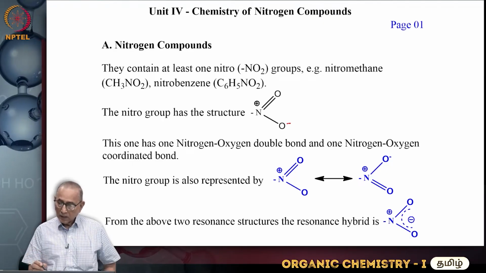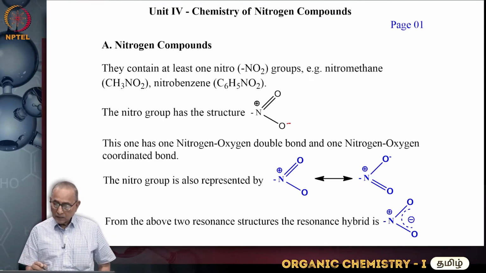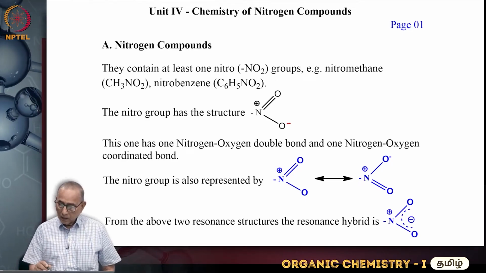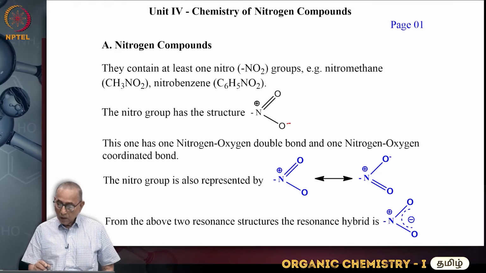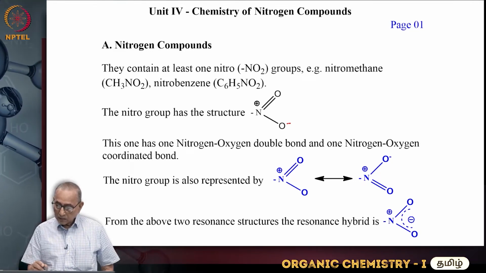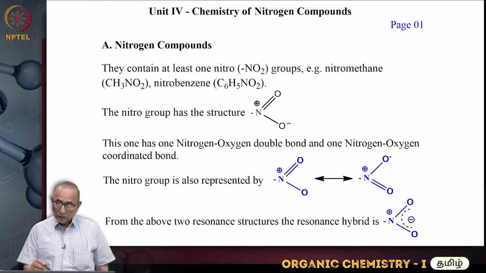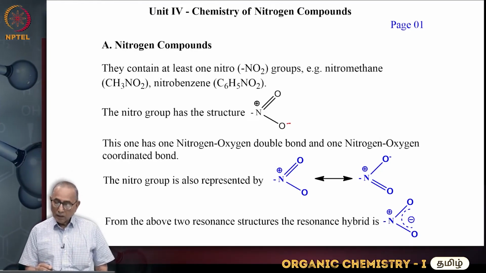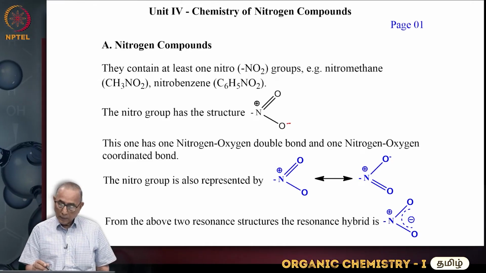That oxygen is short by a pair, it has only 6 electrons in the outer valence shell. Then nitrogen's 2 electrons go and form the bond. Because nitrogen gives both the electrons, the oxygen is negative. Nitrogen becomes positive. So you have a normal double bond, nitrogen to oxygen, and a coordinate bond N plus, O minus.